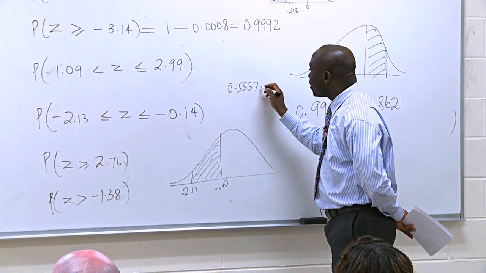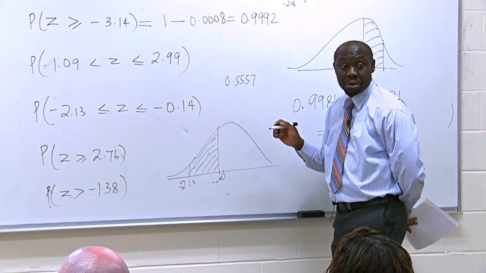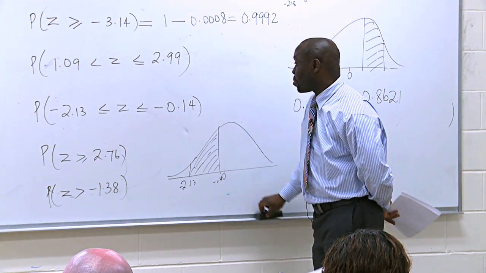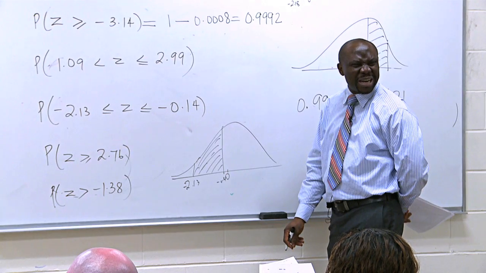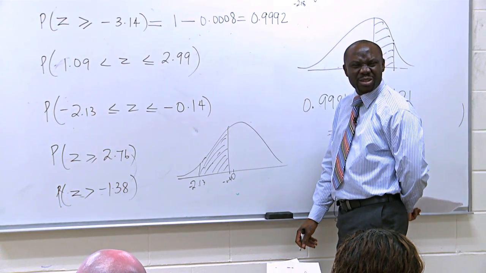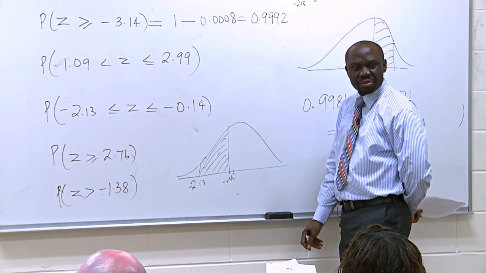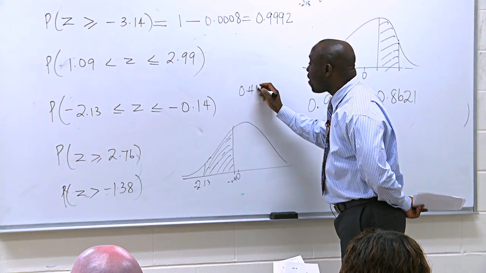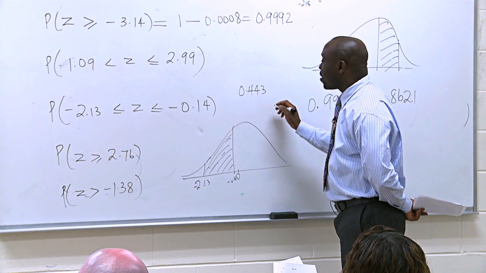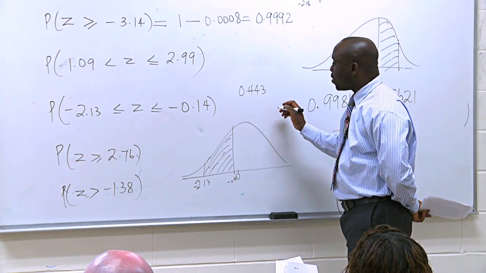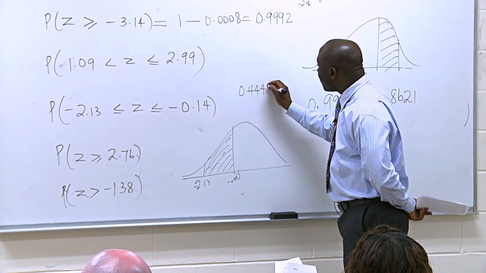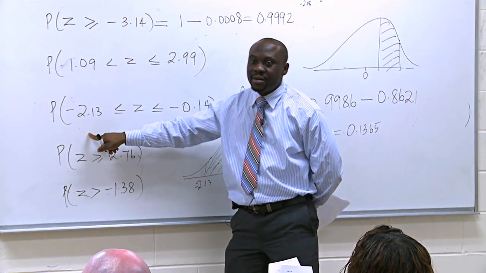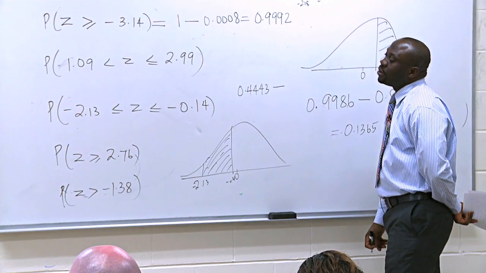0.5557. No. No. 0.1492. No, that is also no. 0.4... minus what is the area under the negative 2.13?